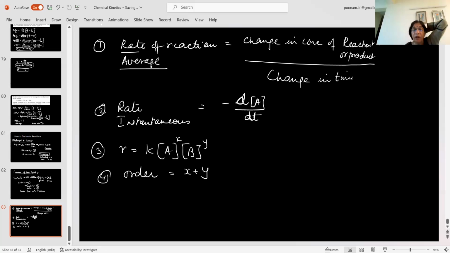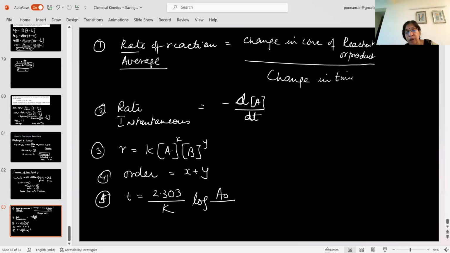Then we learned about first order reaction: t is equal to 2.303 by k log of A0 by A. What is A0? Initial concentration, and A is the concentration after time t. This is for first order.